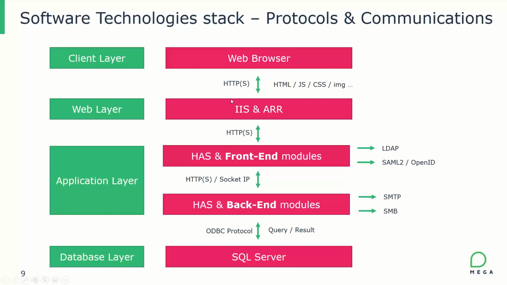The communication between IIS and the application layer is also done in HTTP. Within the server, there might be several types of communication in HTTP or socket IP, but this is not really of your concern as long as the right ports are open. If you need to know in detail which ports need to be opened, they are explained in the documentation I mentioned at the beginning, where you'll find all the ports that need to be opened, the firewalls, the routing rules, and so on.